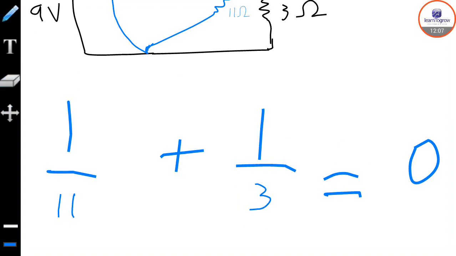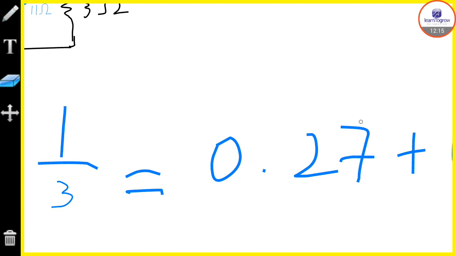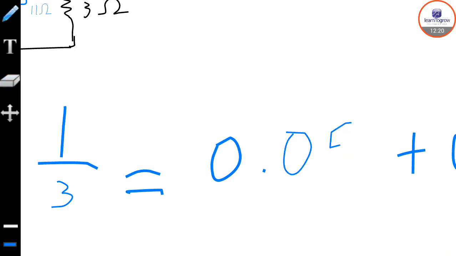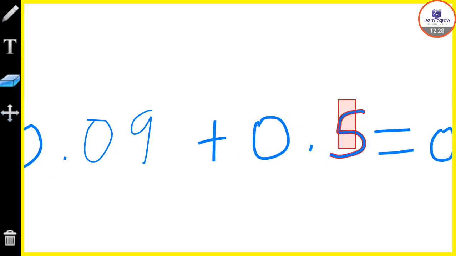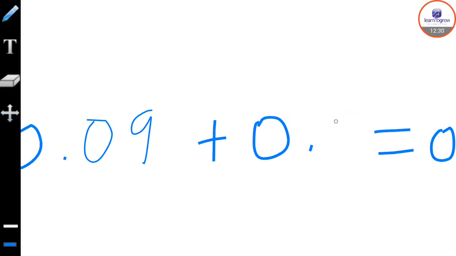Okay. 1 upon 11 makes 0.09, and 1 upon 3 makes 0.3, and they combine to make 0.39.